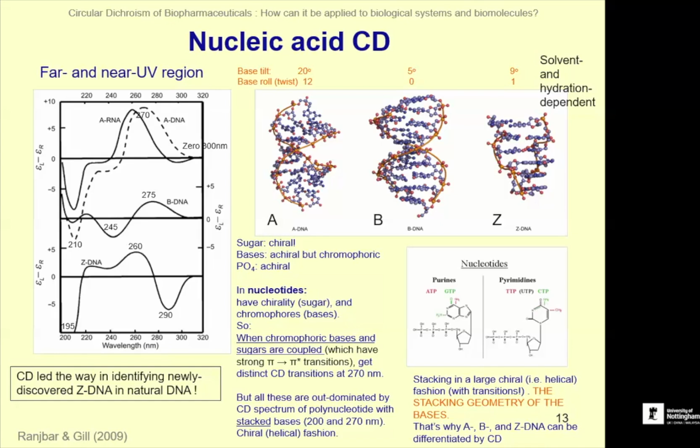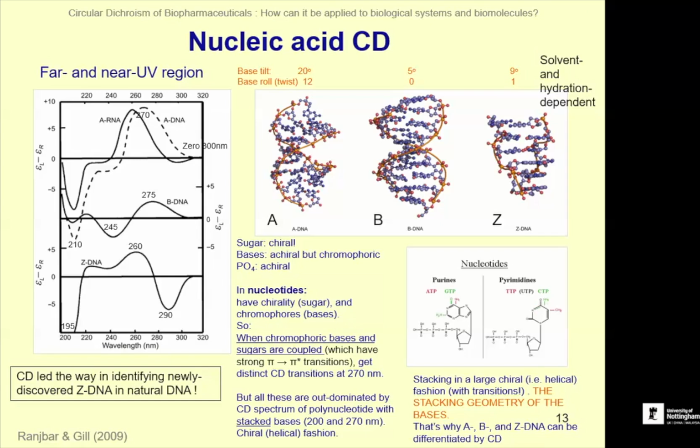Let's think about that. The histone interactions might produce a difference, but I'm unsure about whether histones actually interact with the DNA.